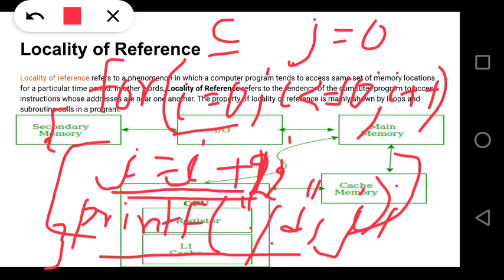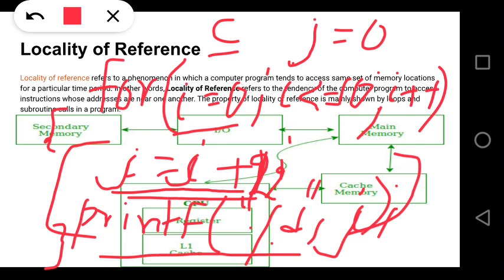So if you keep the body of the loop somewhere near the processor, and not in the physical memory, not in the register, you should get a doubt: why can't we store those instructions in the registers?